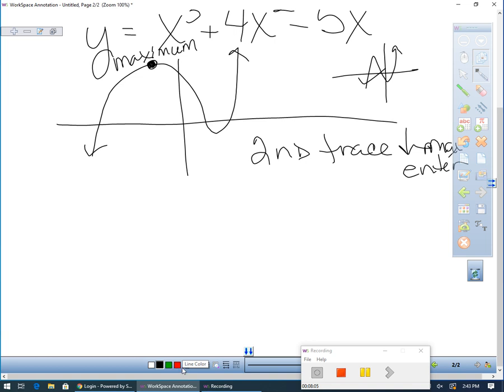You move your cursor to the left side of where the maximum is. You got to move it and then hit enter. When you hit enter, it comes up as right bound. So then you move your cursor to the right of it and hit enter.